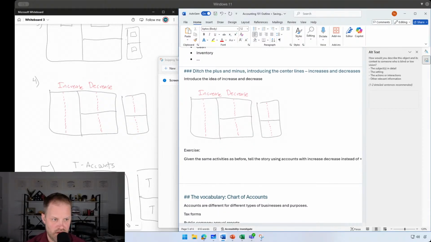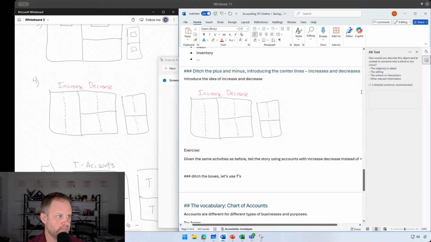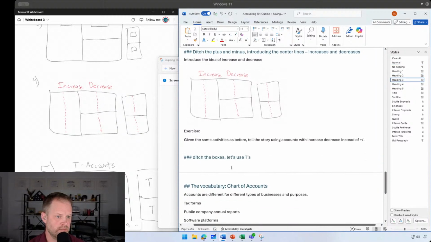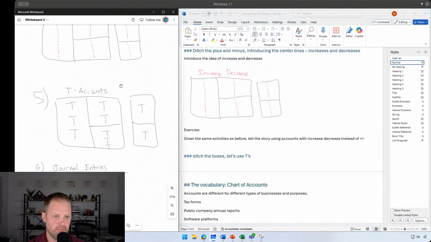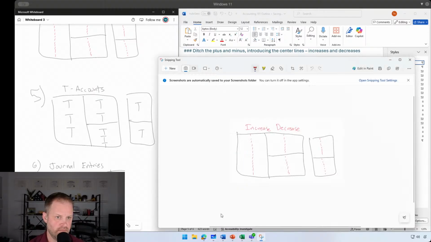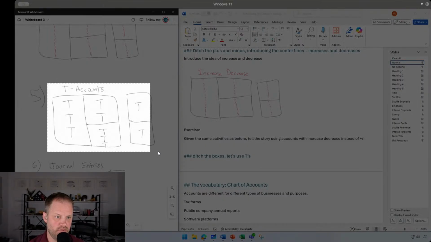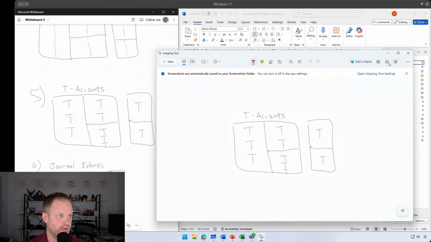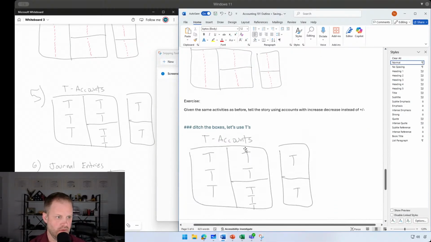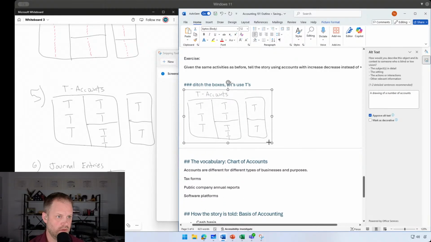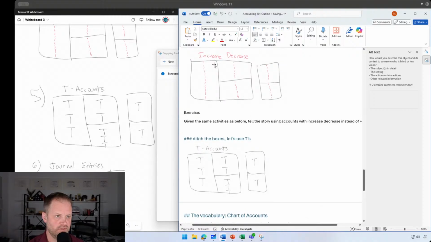Then ditch the boxes. Let's use T. So same as before. Same story.